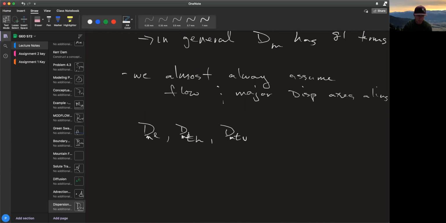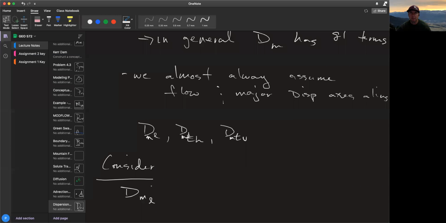So we're going to do something else here, and we're going to talk about this dispersion. Let's consider, for example, the mechanical dispersion coefficient in the longitudinal direction. We're going to make an assumption here. Let's say that my distribution of the variance in velocity is proportional to the mean velocity.